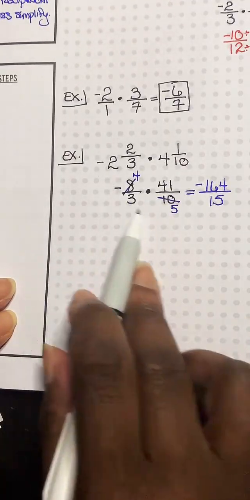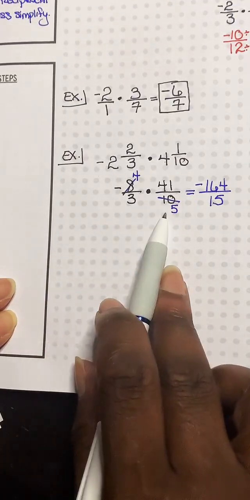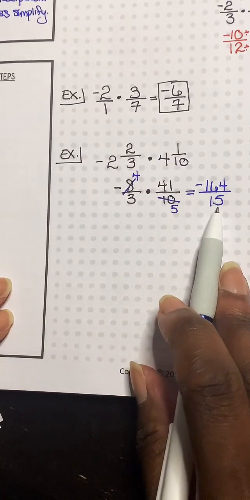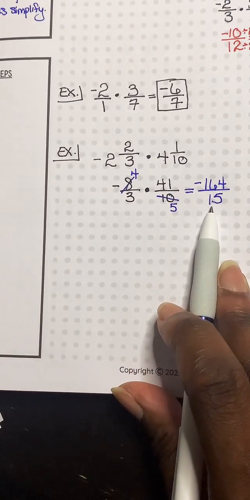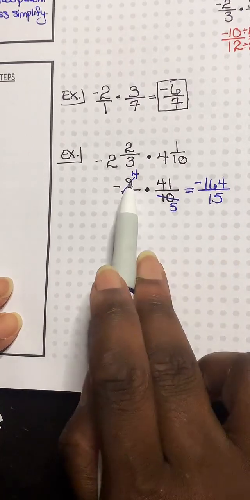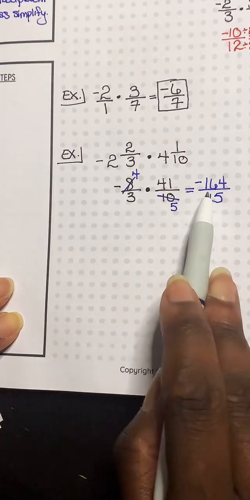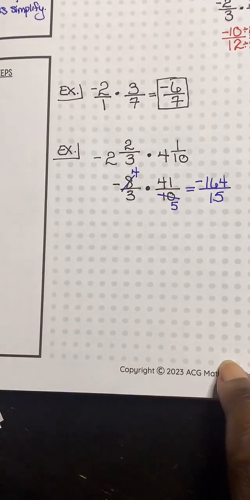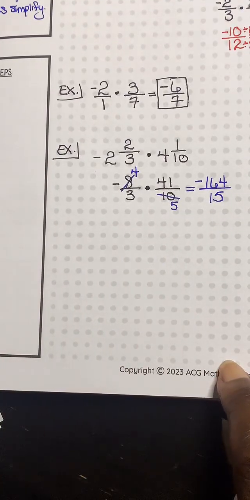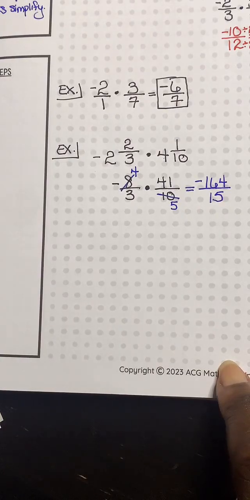So if I don't have any numbers that I can reduce some more, it's basically going to be this. Okay? So don't forget the negative, because this 8 was a negative. Originally, that was a negative. So make sure it's a -164 over 15. Okay? All right.